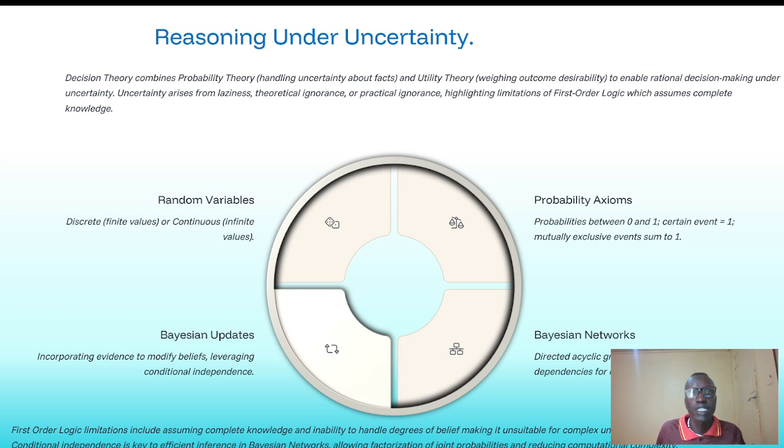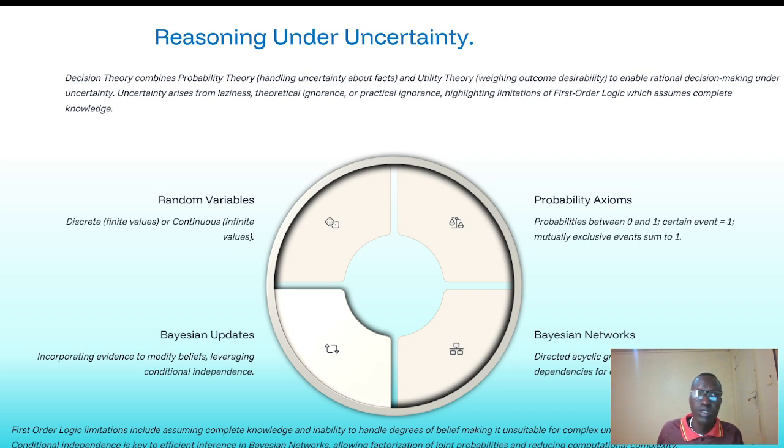Reasoning under uncertainty. Decision theory combines probability theory and utility theory to enable rational decision making under uncertainty. So planning in artificial intelligence involves defining action sequences to achieve a specific goal. Situation calculus and planning graphs are explained.